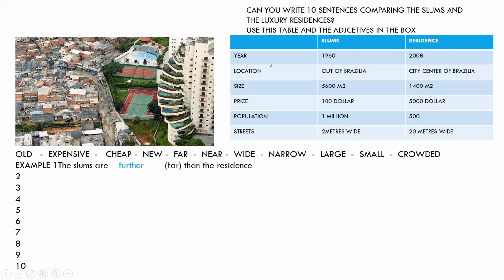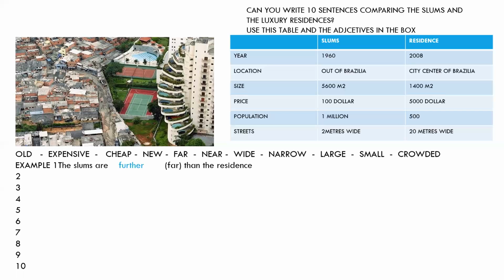Slums. The year of the slums is 1960. The residence year is 2008. The location for the slums out of Brasilia. For residents, city center of Brasilia. The size, the slums are 5,600 meters square.